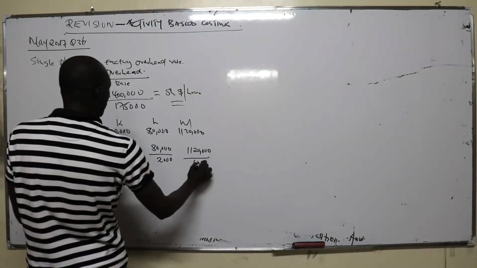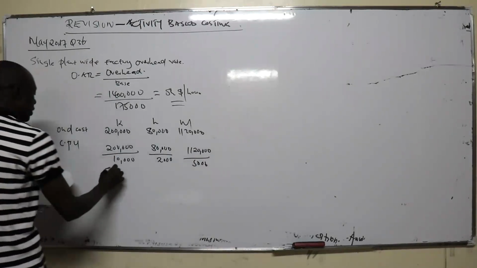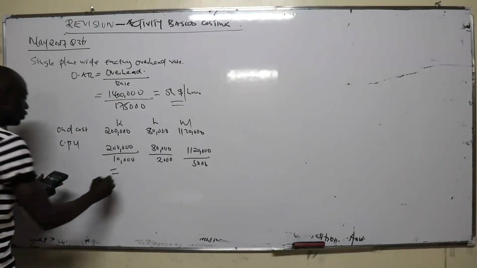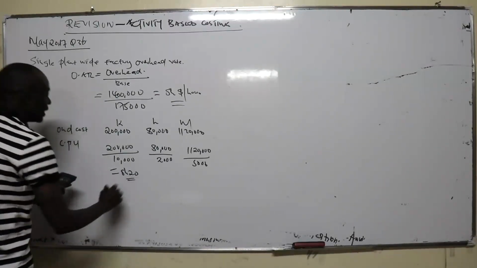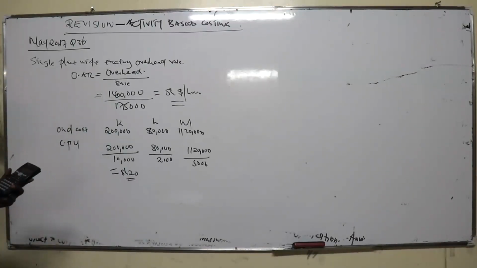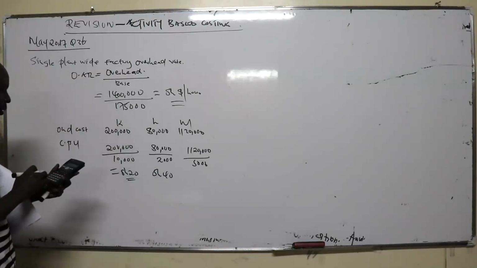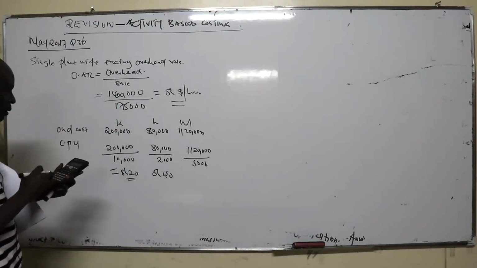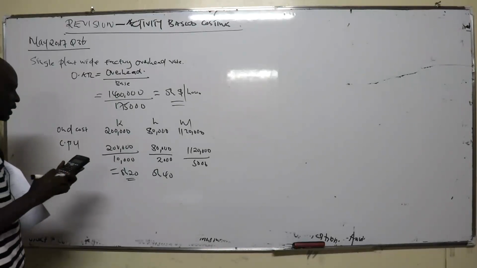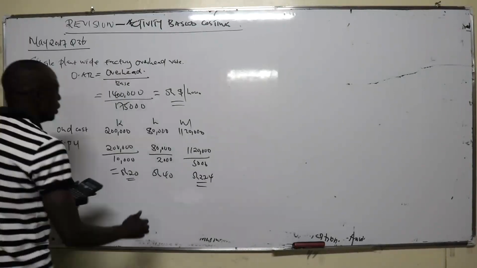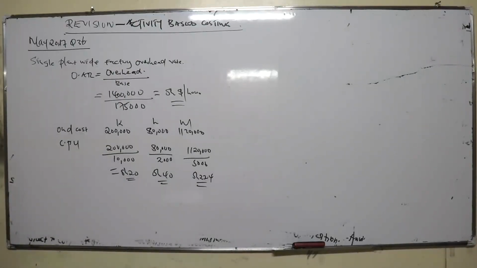So you get the cost per unit. 200,000 divided by 10,000 is going to give you shillings 20 per unit, the overhead cost per unit. This one is going to give you shillings 40 per unit. This one is going to give you shillings 22.4 per unit. So that gives you the overhead cost per unit.